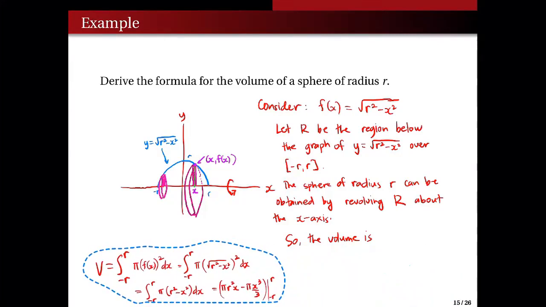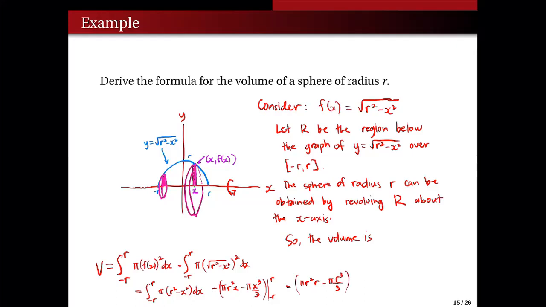Okay. So if we do the evaluation at r, we will have pi r squared times r minus pi r cubed over 3. At negative r, so minus, we have pi r squared times negative r minus pi times negative r cubed over 3. And try to calculate this.